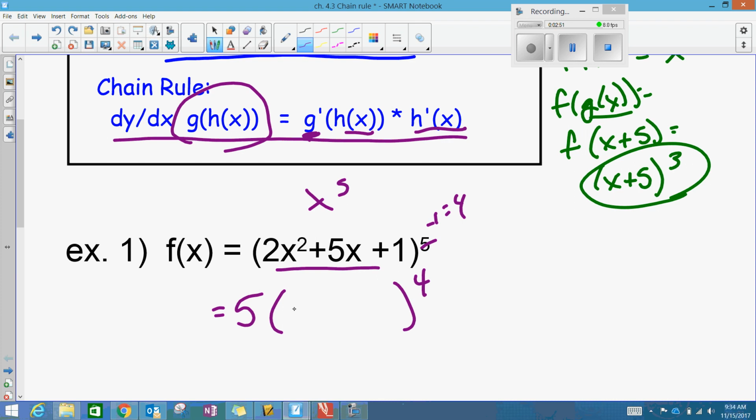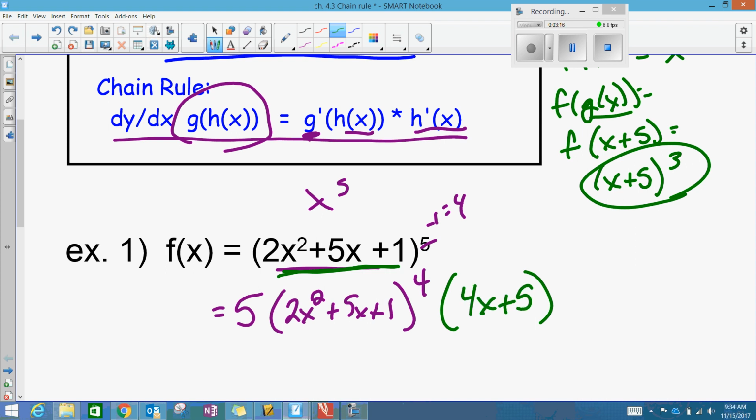We just bring the 5 out, we keep the inside function as is, and subtract 1 from the exponent. Okay, so that is the derivative of the outside function. Now we multiply it by the derivative of the inside function. So the inside function is 2x squared plus 5x plus 1, and the derivative would be 4x plus 5. Okay, so we have the derivative of the outside times the derivative of the inside.